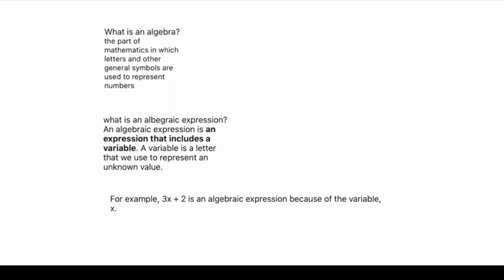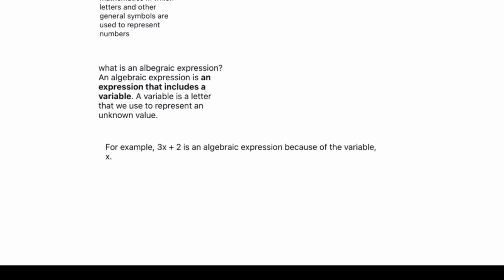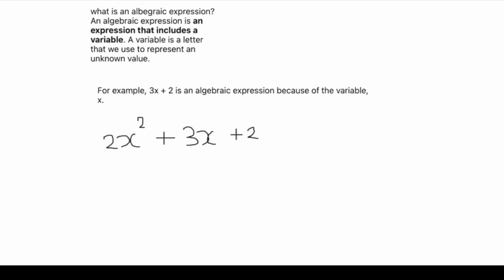For example, here they have given 3x plus 2. For example, 2x plus 3x plus 2 is also an algebraic expression. 2x square plus 3x plus 2 is also an algebraic expression, but it has degree 2.